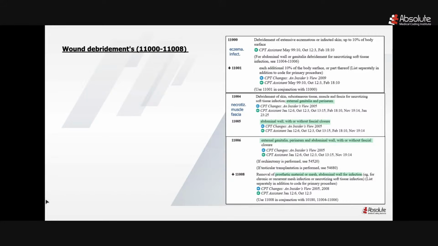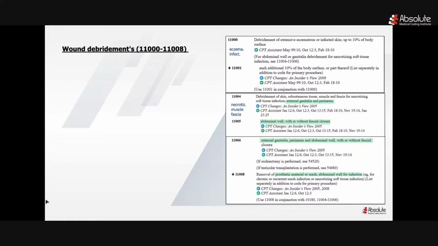So that's the level of debridement. And 11005 is used for abdominal wall debridement, and it also includes the fascia. And 11006 is used for external genitalia, perineum, and abdominal wall with or without fascial closure.